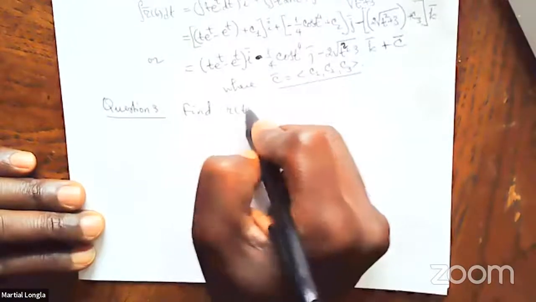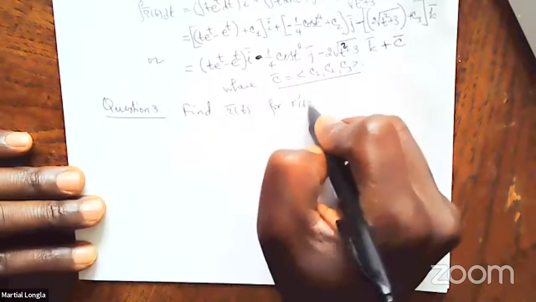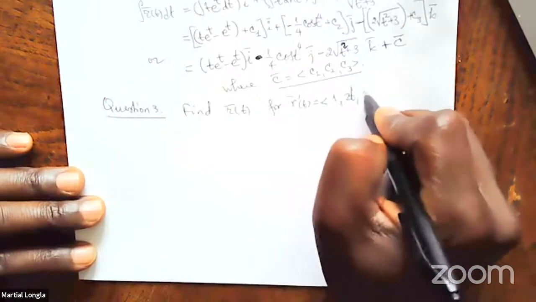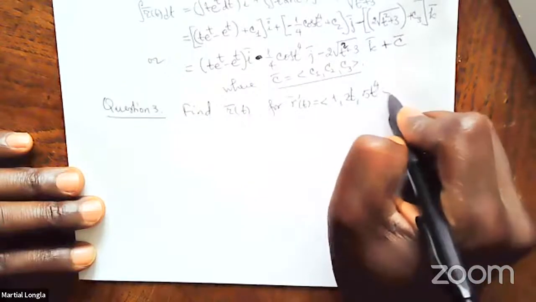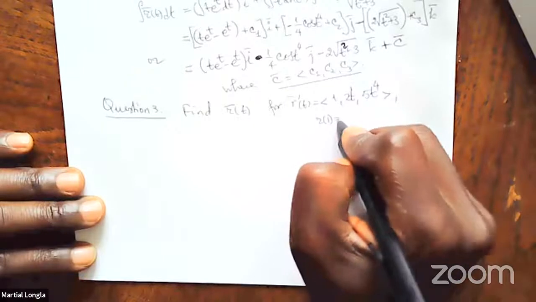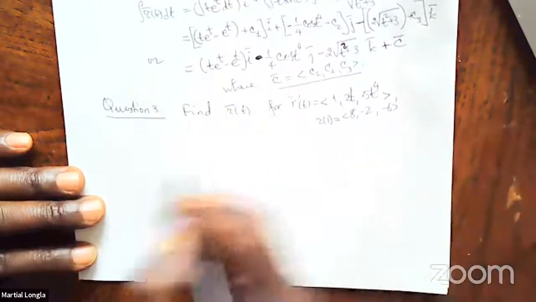Find r of t for r prime of t equals 1, 2t, 5t to the fourth, r of 1 equals 8, negative 2, negative 6.